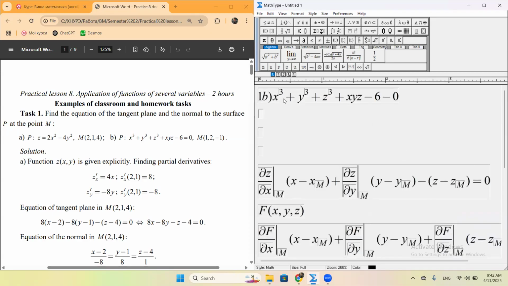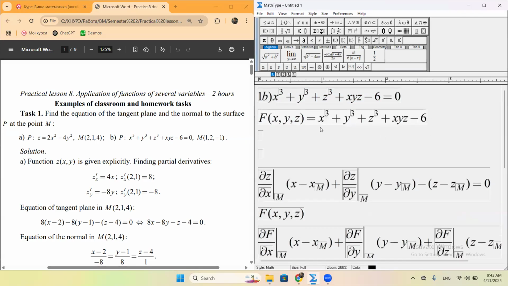So we have actually this F of x, y, and z. If we have some parts on the right side, we have to move everything to the left side. So we have such an expression.